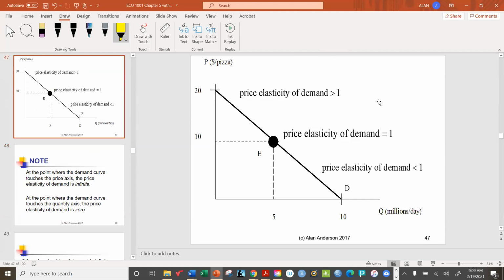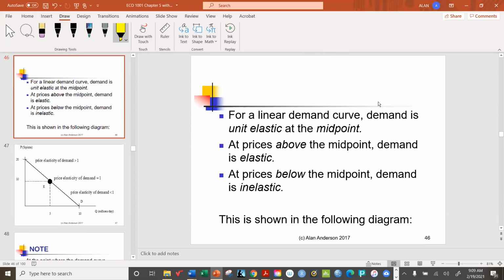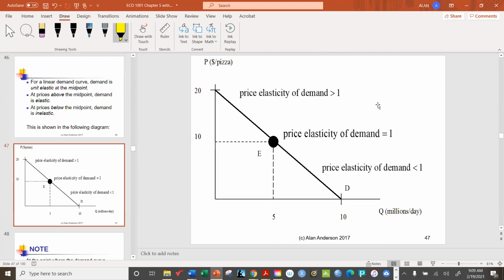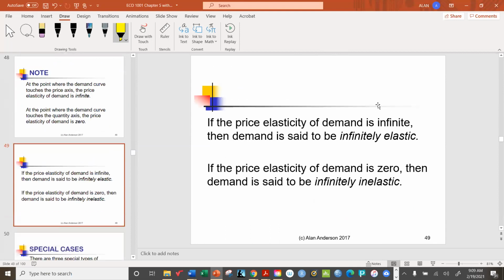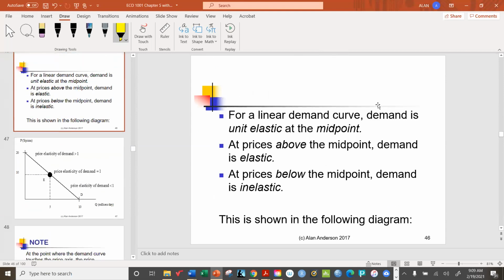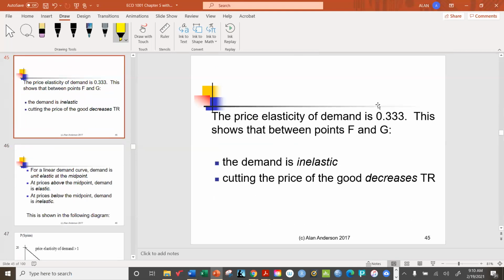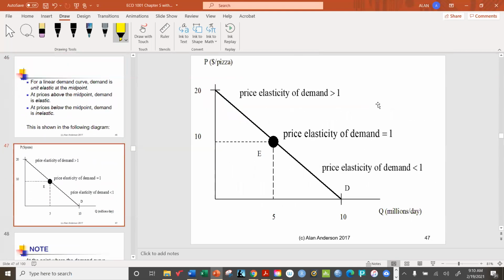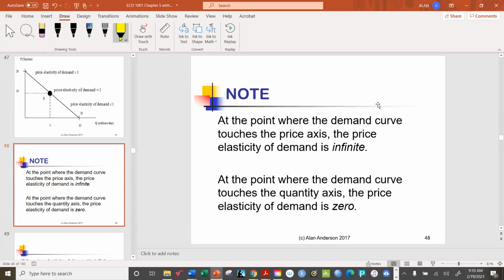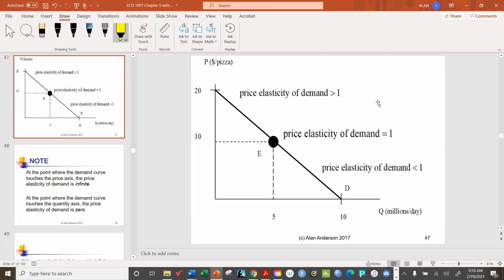By the way, I do want to point out too, there's a couple of special cases. If we keep moving up in this direction, the elasticity at the intercept is actually infinity.